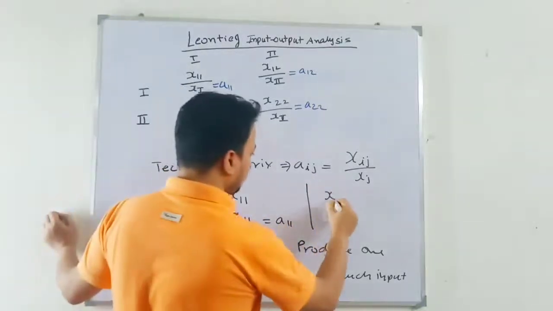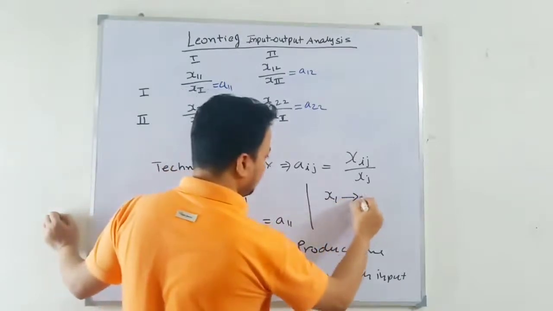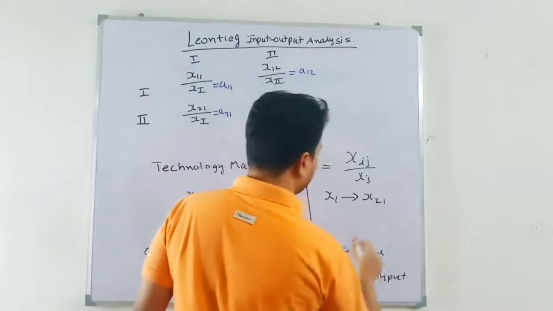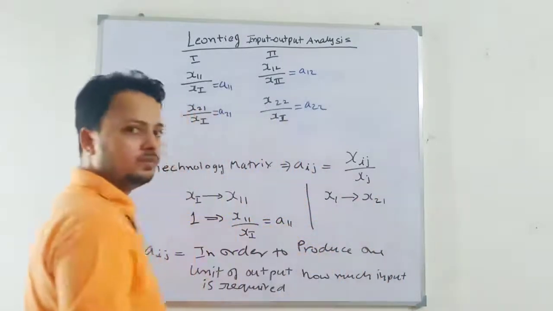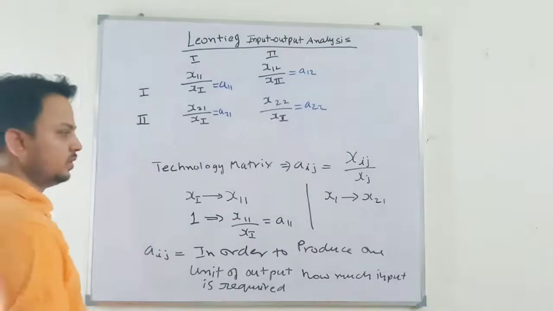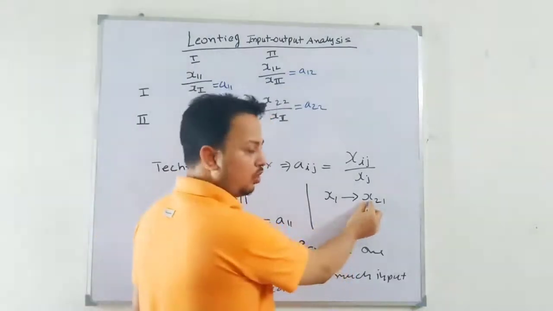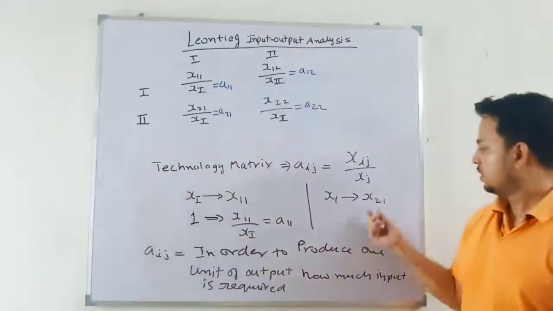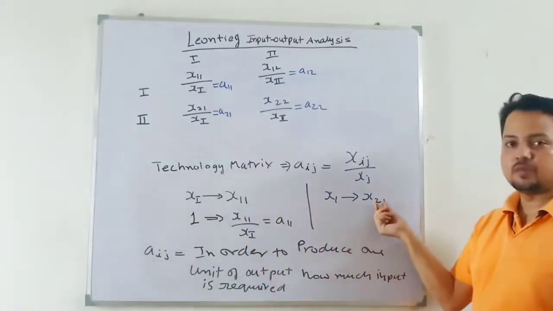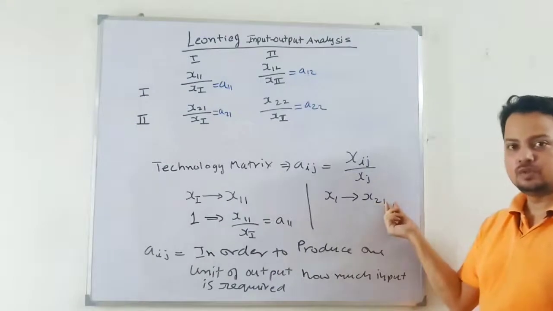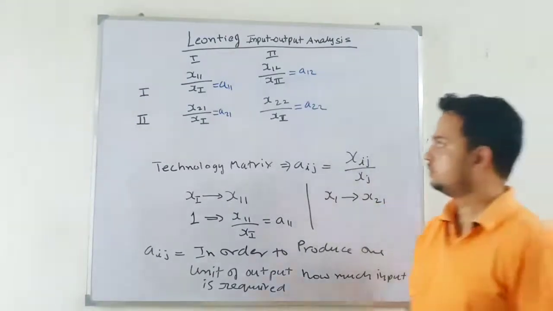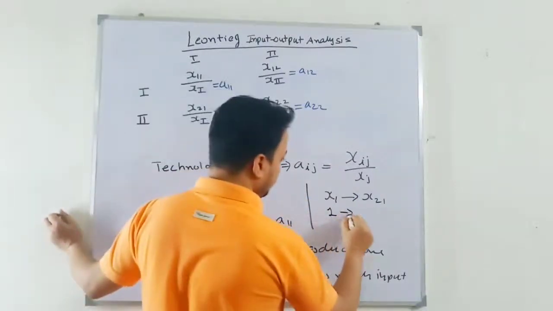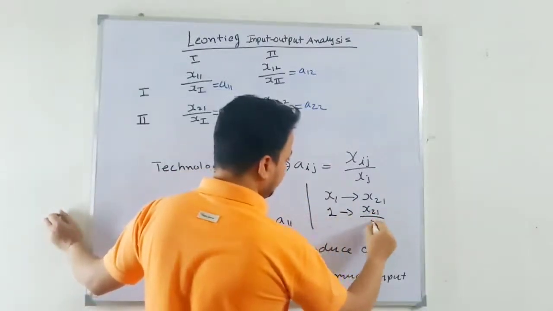So in order to produce x1 unit of output, you require x21 amount of inputs from the second industry. So the amount of output required from the second industry as an input for the first industry. When you want to produce 1 unit, it will be x21 divided by x1.